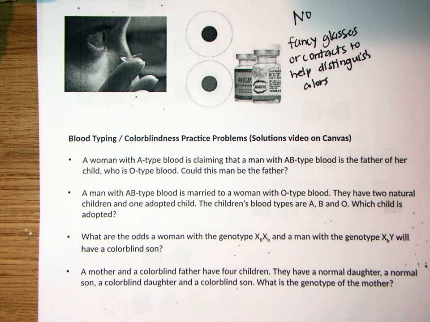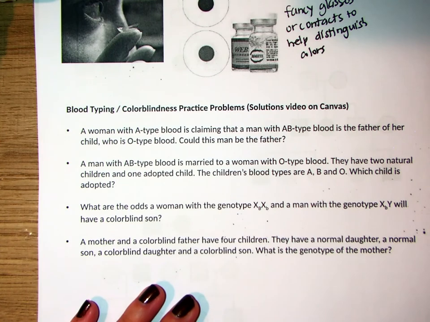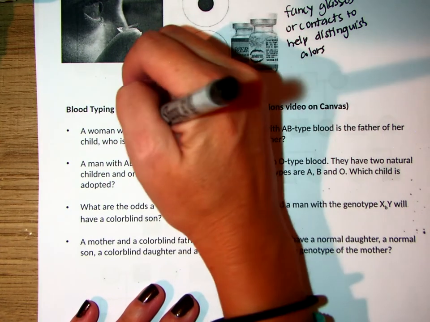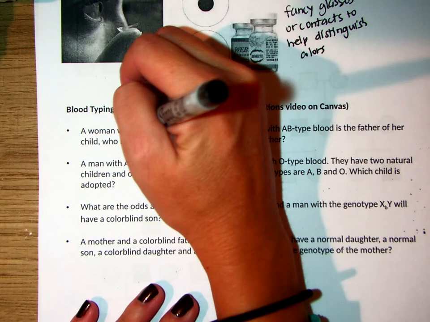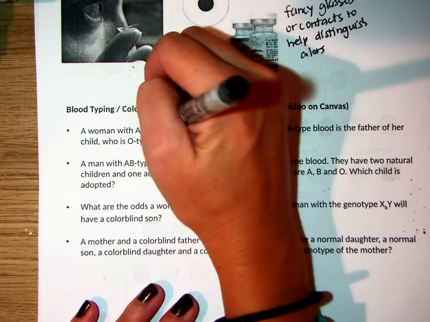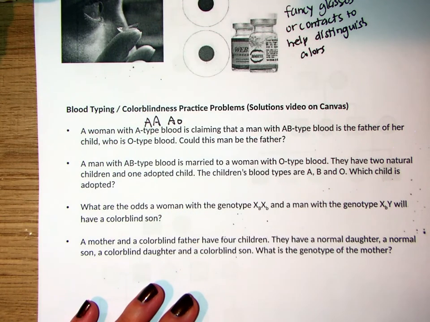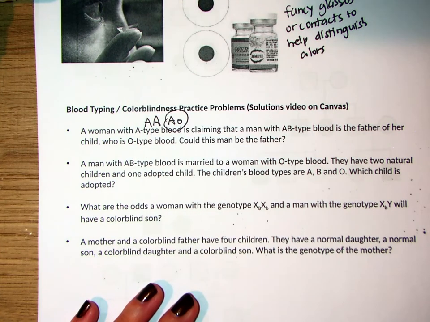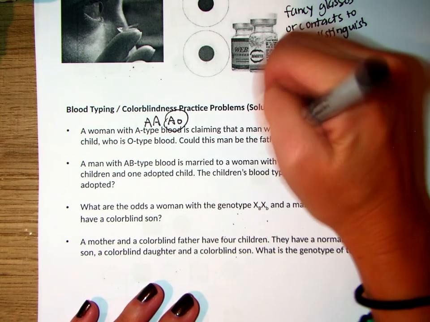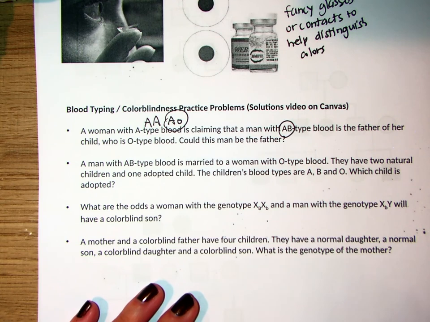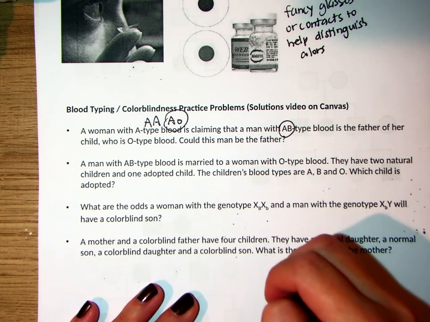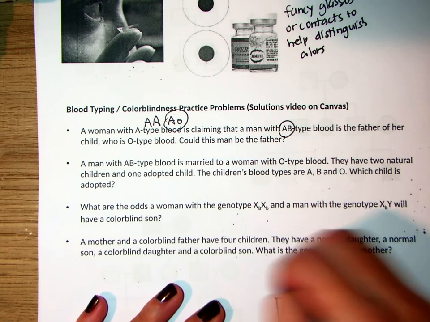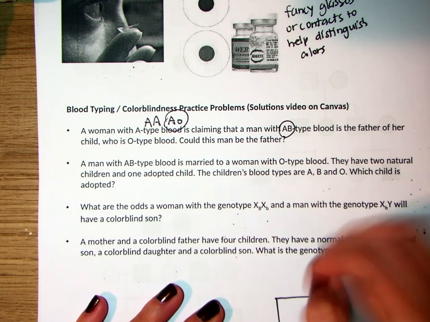So the woman is type A blood, so she can be either AA or AO, but we know she has a type O child, so she's got to be AO. And she's claiming this AB guy is the father of her kid. So let's put these guys in a Punnett square together and see if they could have a type O child.